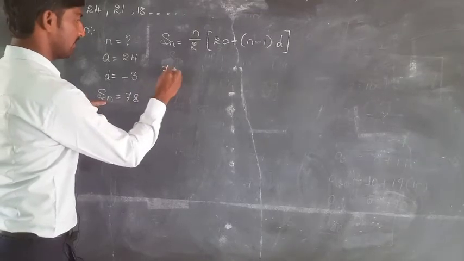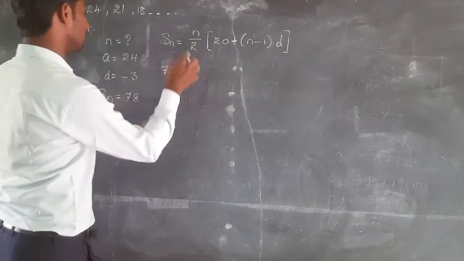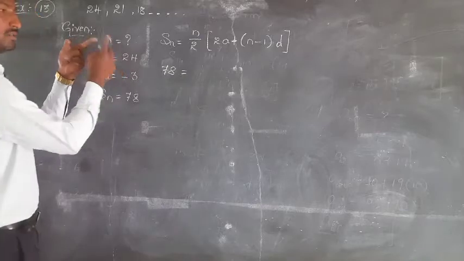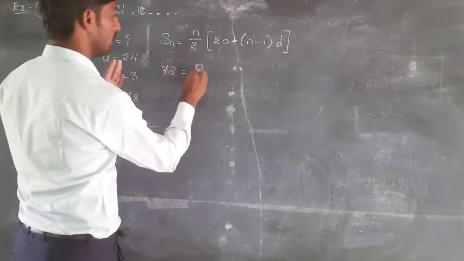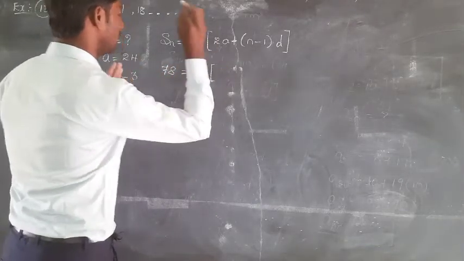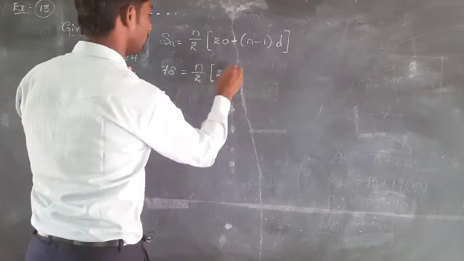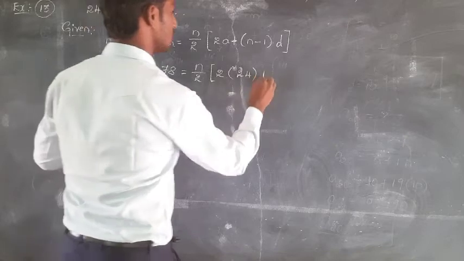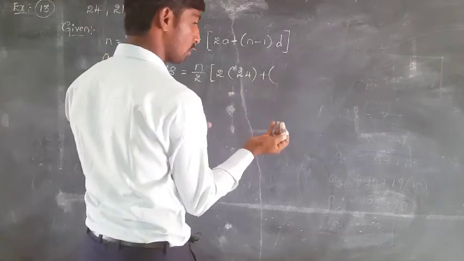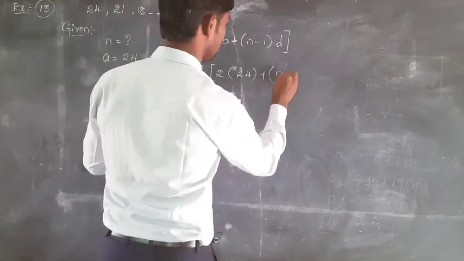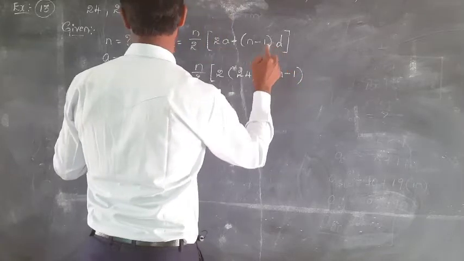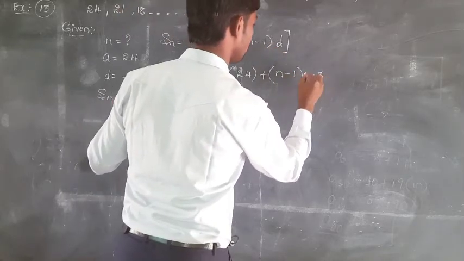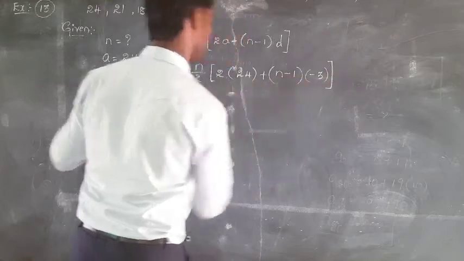How much is it? 78 is equal to n by 2. Do you know the value of n here? No. So therefore write as it is, n by 2 of 2a, that is 2 times of a value is 24, plus n minus 1 of d. What is the d value here? Minus 3. Write it inside the brackets.